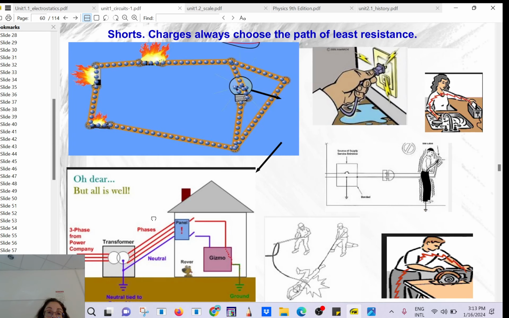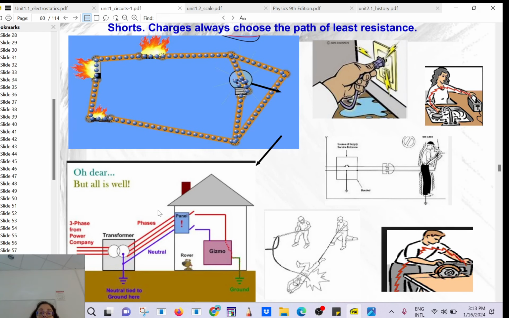If you have any questions, so about safety, remember that the electric current always chooses the path of least resistance. So it means if you make a circuit like this, and you give the choice to the current, to the charges, to the electricity to flow through the load or avoid the load, guess what? It's going to avoid the load.